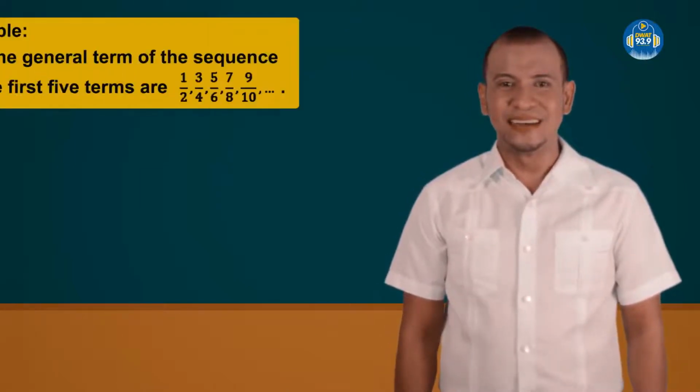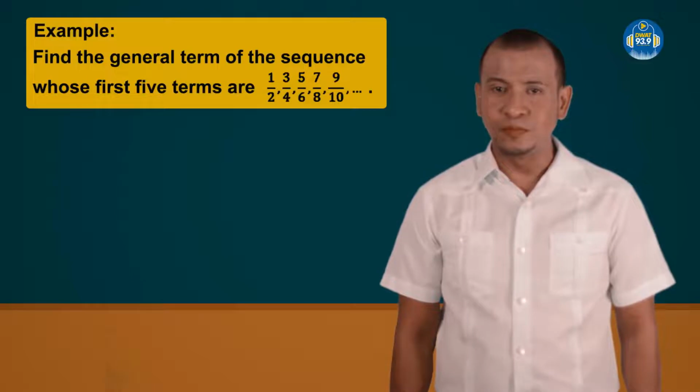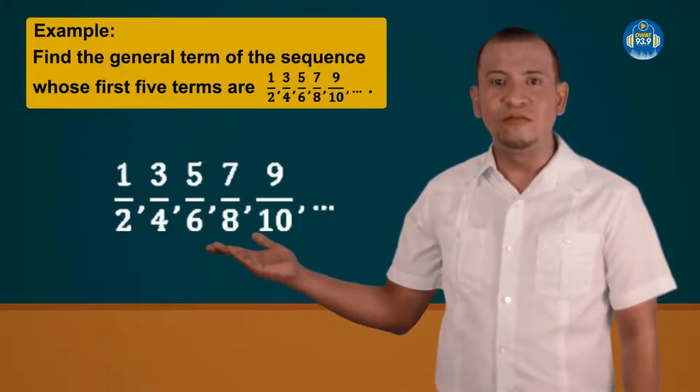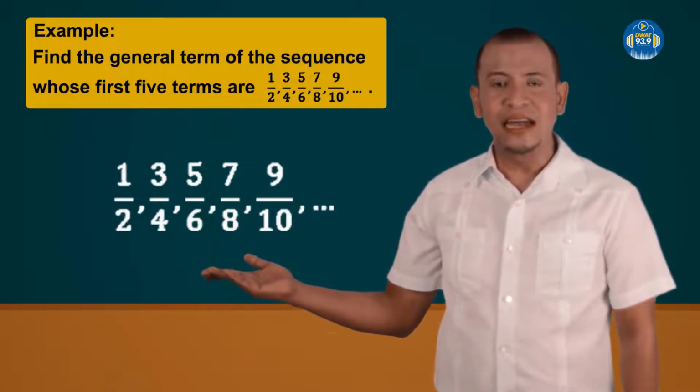Let's have another example. Find the general term of the sequence whose first 5 terms are 1/2, 3/4, 5/6, 7/8, 9/10, and so on.